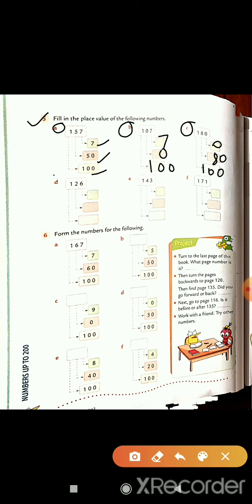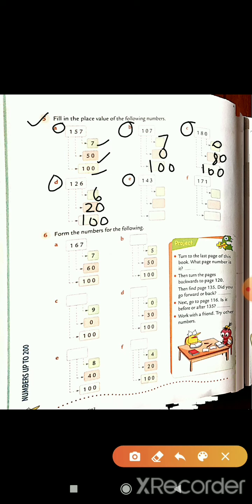1 is at the hundreds place, so its place value will be 100. Next, D. The number is 126. 6 is at the ones place, so its place value will be 6 only. 2 is at tens place, so its place value will be 20. 1 is at hundreds place, so its place value will be 100.